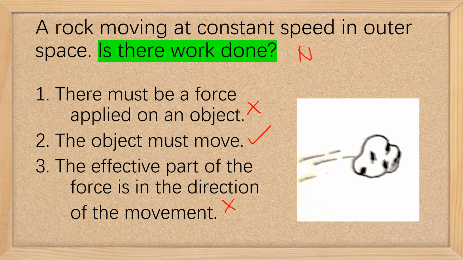The answer is no. This is what I mean, M2, that the word work in science is different. In ordinary ways, since the rock is moving, there should be work, right? However, in science, since two criteria are not met, this object is not doing any work at all.